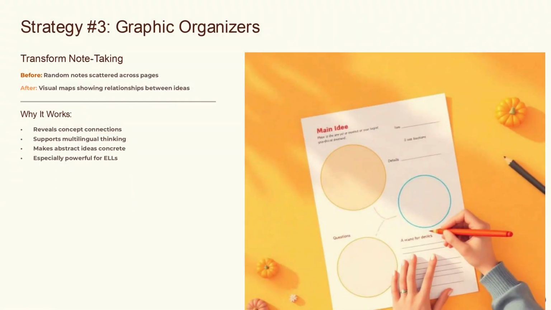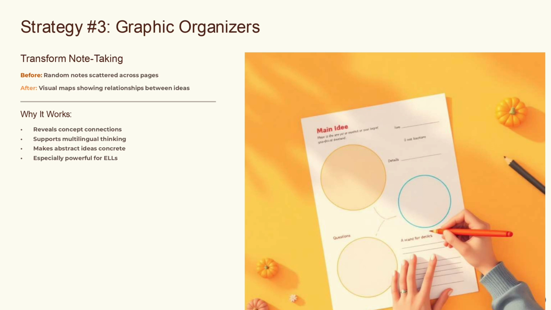Think about the difference between reading a long passage and looking at a simple visual map. When students only take notes, key ideas get buried in lines of text. But with a graphic organizer, 3 circles for main ideas, arrows for connections, they can see how concepts fit together.